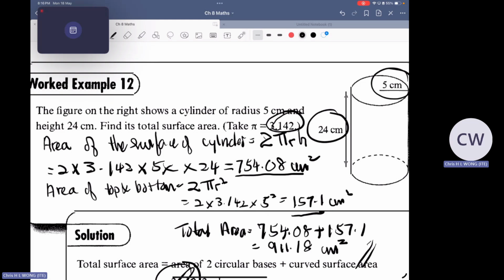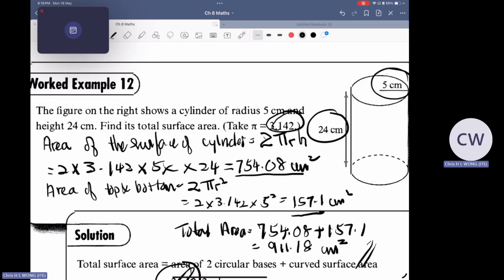Okay. I use the bar. So, anyone, any question? No, no battery.